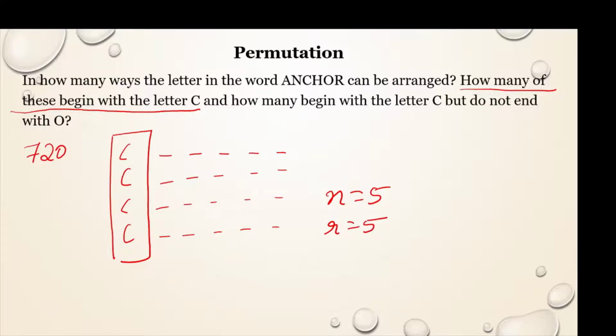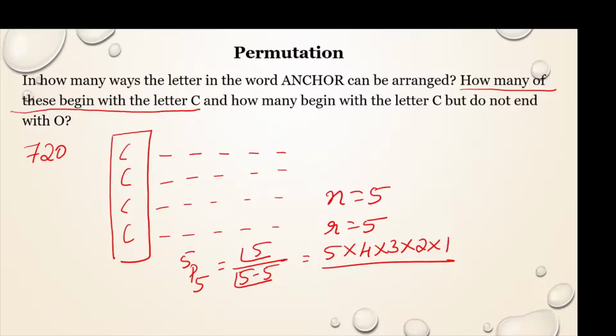Now the formula: 5P5, that is factorial 5 divided by factorial 5 minus 5, that is 5 into 4 into 3 into 2 into 1 divided by factorial 0, that is 1. Then you will have 120 different ways you can arrange the word ANCHOR where C will be your first letter.